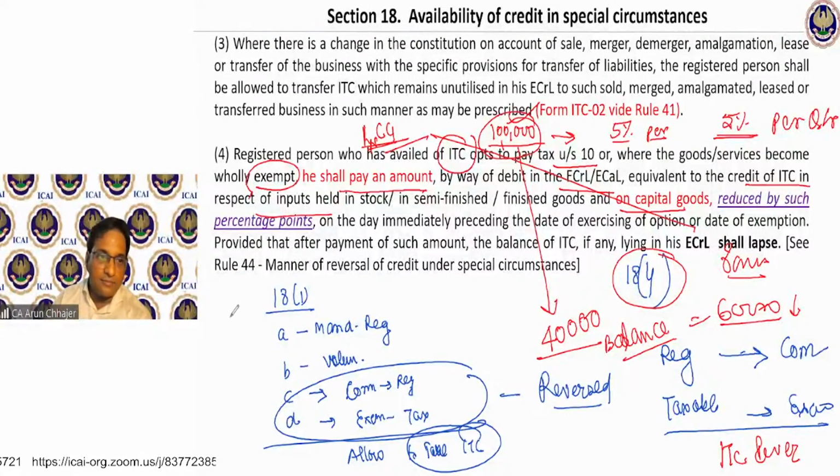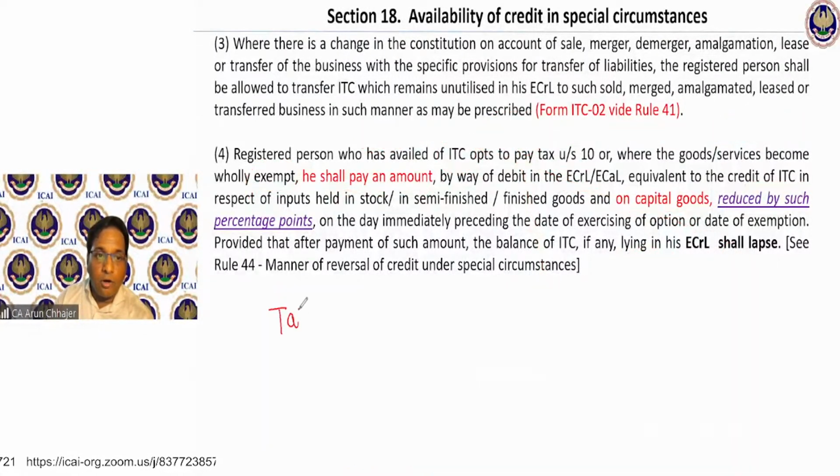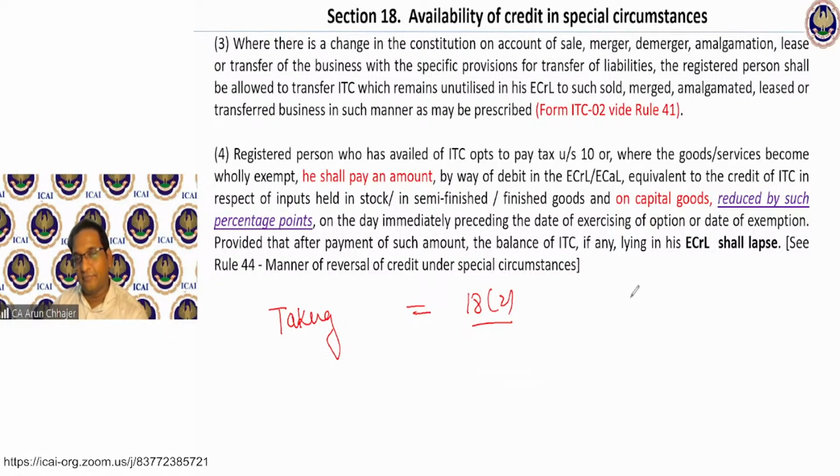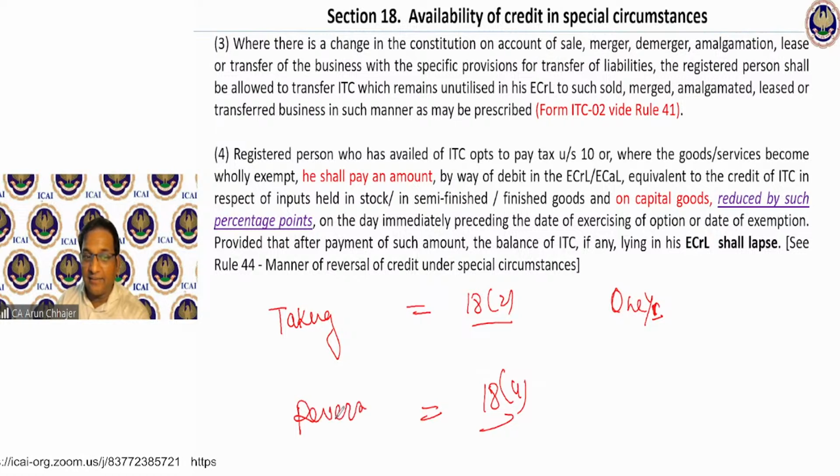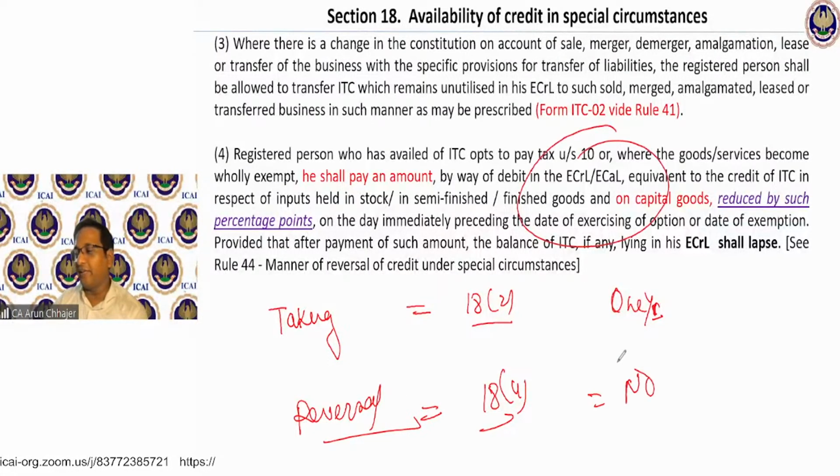See, for taking the ITC, 18.2 talks about the limit of 1 year. Please see 18.4, which is on reversal of ITC. Is there any requirement of 1 year? Answer is no. There is no requirement of 1 year.